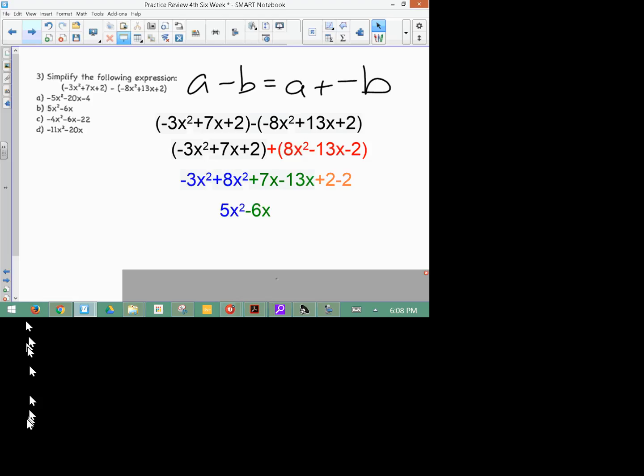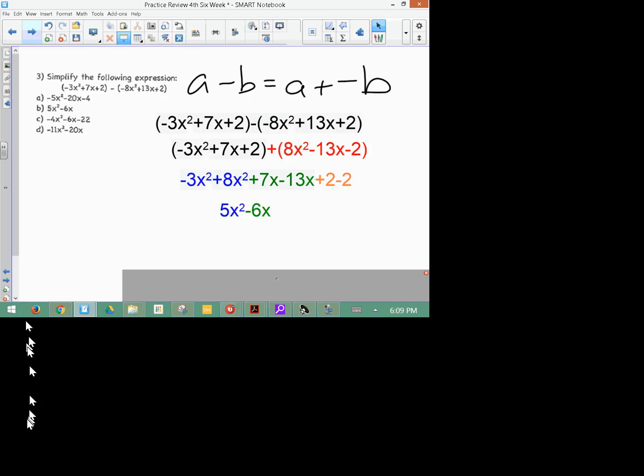I'm going to change my subtraction to plus, then take the opposite of everything that's being subtracted. So instead of a negative 8x squared, I have a positive 8x squared. Instead of a positive 13x, I have a negative 13x. Instead of a positive 2, I have a negative 2.